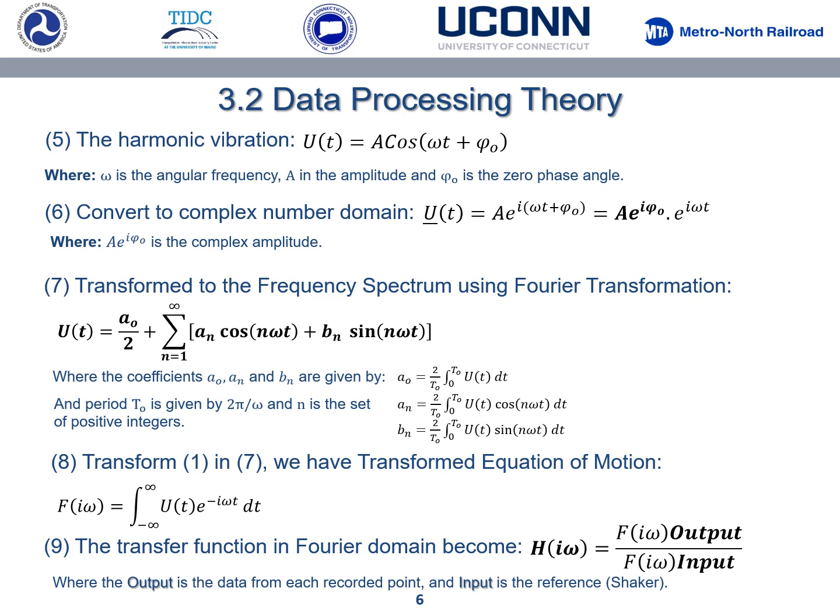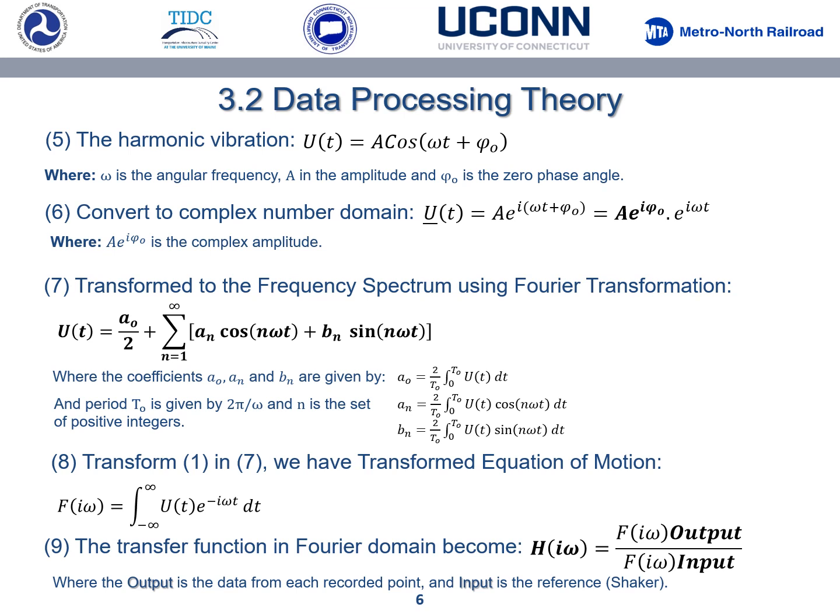Any recorded time signal can be transformed into the frequency spectrum using the Fourier transformation, in which a convergent infinite series of trigonometric functions describes a periodic function, as shown in equation 7. By combining 1 and 7, we have the transformed equation of motion, represented in the complex number domain in equation 8.